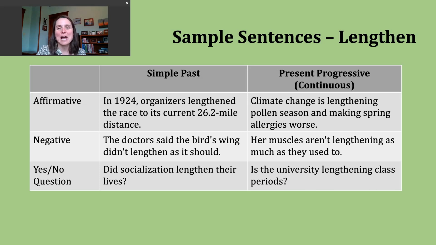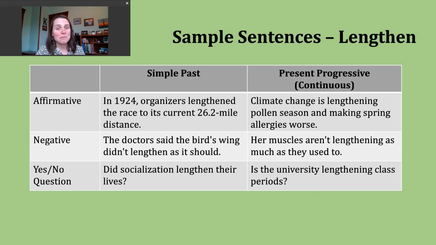The nice thing about making sentences in the simple past tense is that our pattern or our structure in sentences stays the same. So in the affirmative, we start with our subject and then we use that ed form of the verb. Let's take a look at an example sentence. In 1924, organizers lengthened the race to its current 26.2-mile distance.